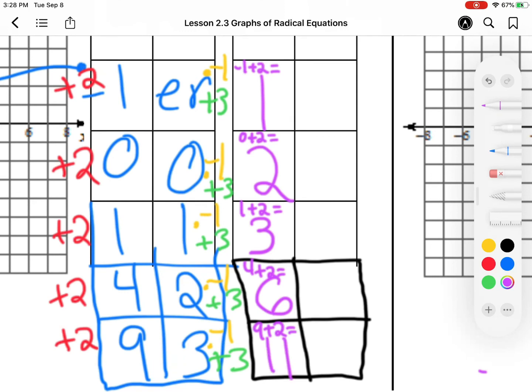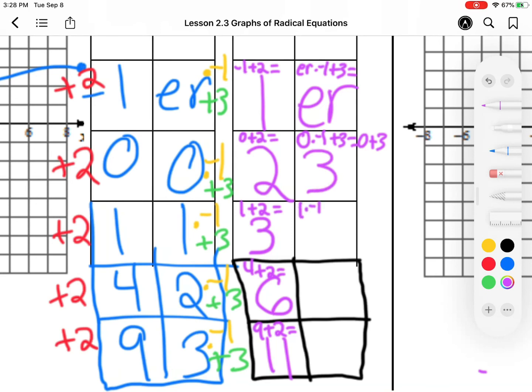And then for my y's, I've got error times -1 plus 3 to give me error. I've got 0 times -1 plus 3. Well, 0 times -1 is 0. So 0 plus 3 gives me 3.